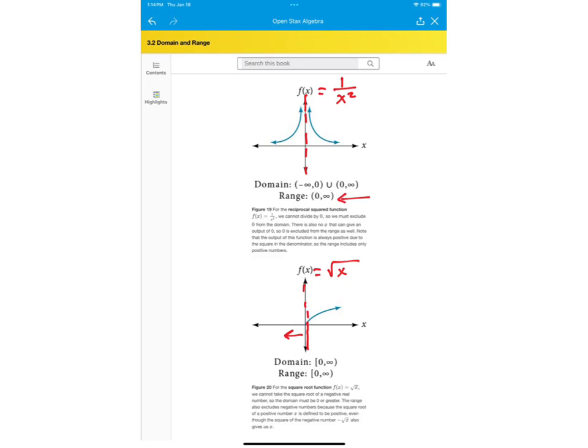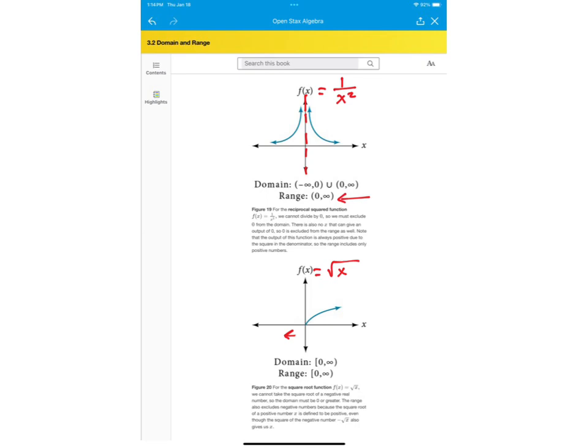It has to start at 0. Why? Because I cannot even root a negative number. So this one is bound on the left side at 0. Nothing over here. So this one goes from 0 to infinity.